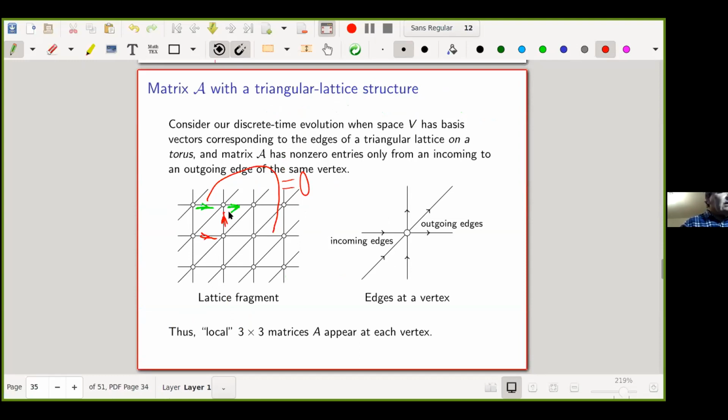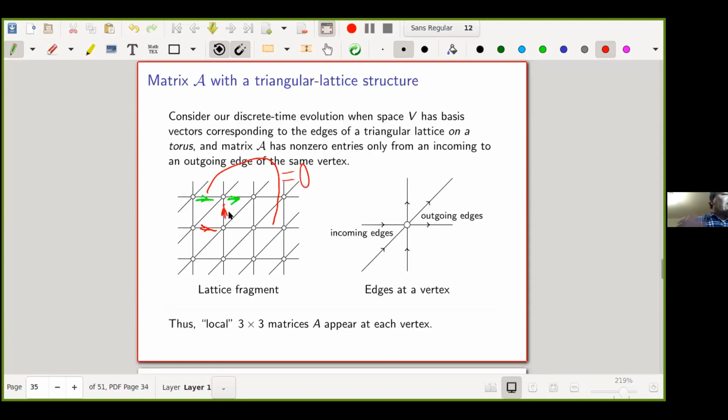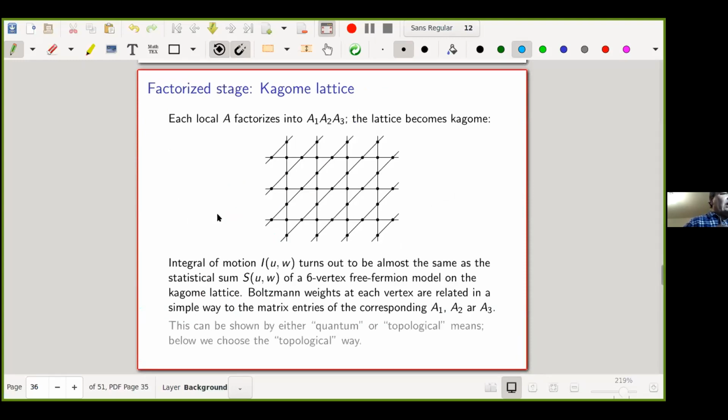Okay, and consider evolution of this dynamical system. You factorize each, so to say, local matrix, and what you obtain is something like this. And the whole picture is what is called Kagome lattice.